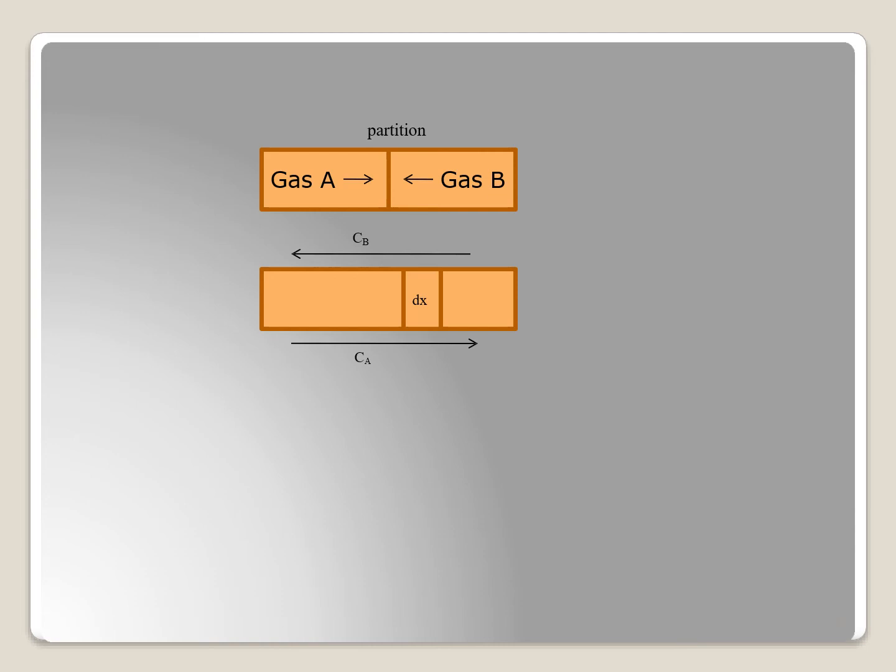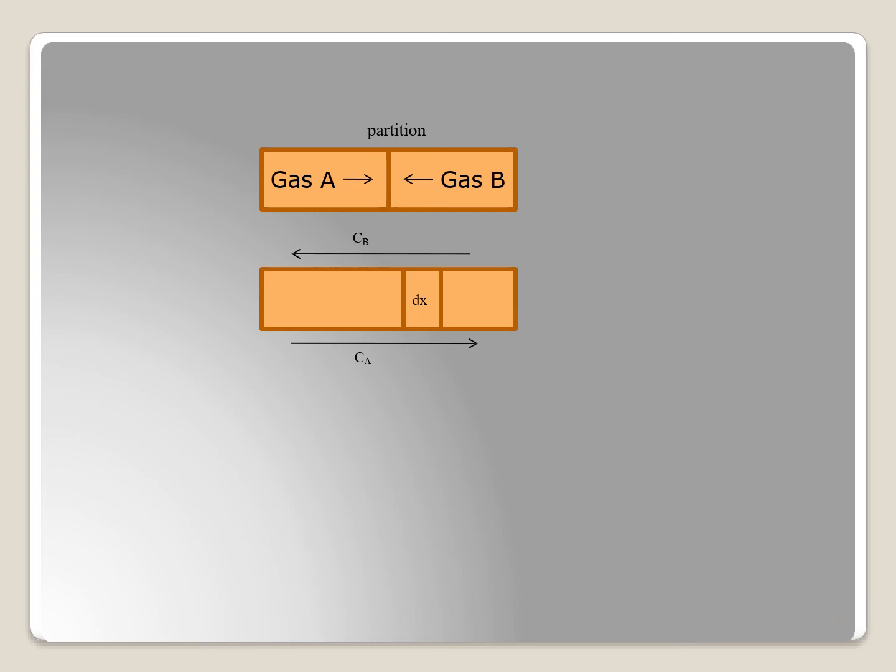Variation in concentration of a component with distance in the system is called concentration gradient. It is denoted as dCA by dZ, change in concentration to change in distance.